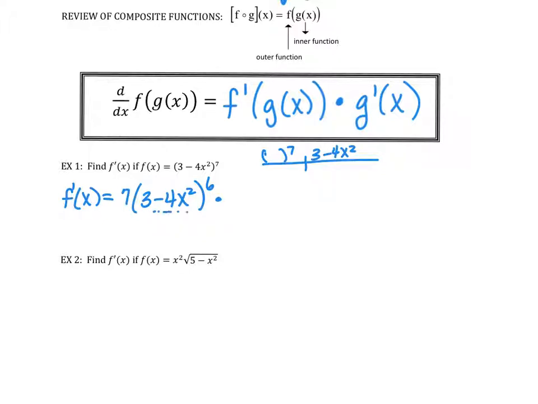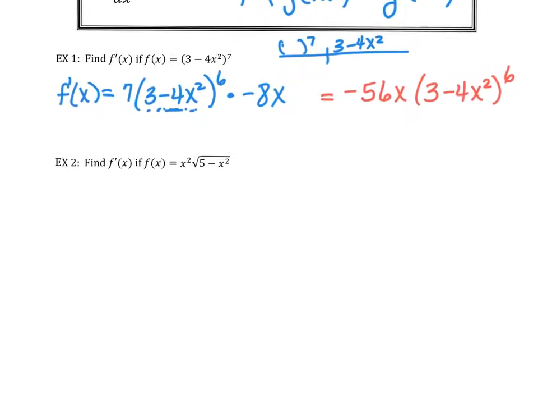So I look at this inner parentheses and I go, what's the derivative of that thing? And that would be negative 8x. And so my final answer for f prime is going to be negative 56x times 3 minus 4x squared to the 6th power. So hopefully you're getting fast at that.